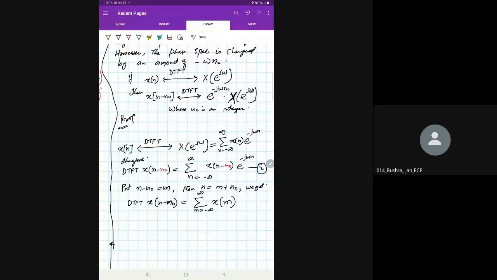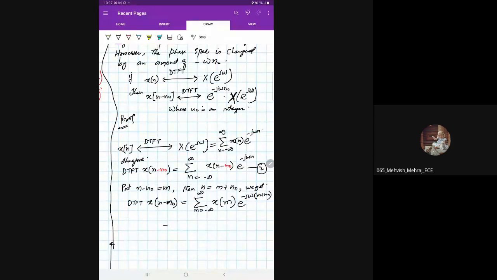Then we have e raised power e to the power of minus j omega, okay. Instead of n we will write down what is the replacement of n. Can somebody help me? What is the replacement of n? M plus n naught, very good, it is m plus n naught, okay, something like this.